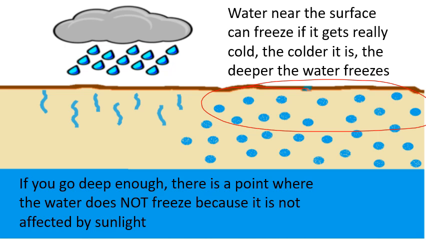So the water up top in the soil, maybe it freezes in December or in January and February, but by the time spring comes around and it gets a little bit warmer, that water will thaw out a little bit. This will be happening in a place like New York or Minnesota, where it's not cold enough year round for it to stay permanently frozen, but it freezes every winter and then thaws every spring. The line at which that happens is called the frost line.